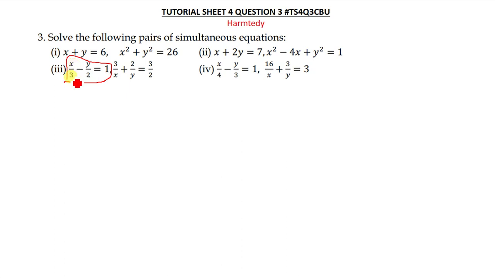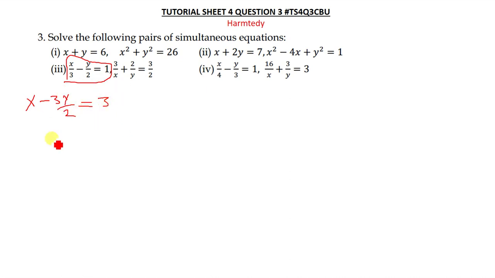How can we do that? By multiplying everything with 3. So when you multiply x over 3 times 3, you get x, and then when you multiply y over 2 times 3, you get 3y over 2 being equal to 3.